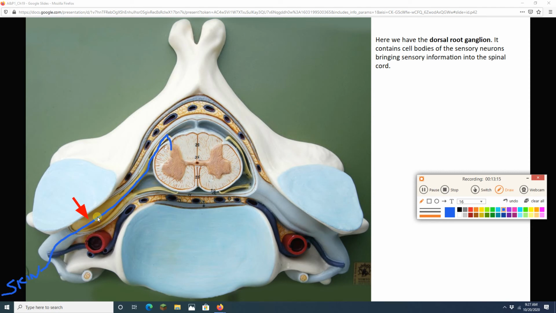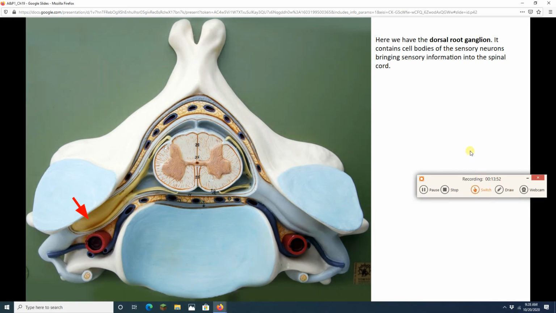Well, that axon is going to have its cell body along the way. That little circle I drew right there would be the soma of a sensory neuron. So there would just be a whole bunch of somata in this part of the dorsal root, and that cluster is called the dorsal root ganglion. So right here is the dorsal root ganglion, the collection of sensory neuron cell bodies, sensory neuron somata, and we've got that because these guys are unipolar neurons.